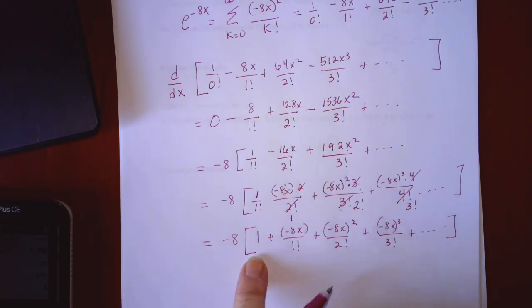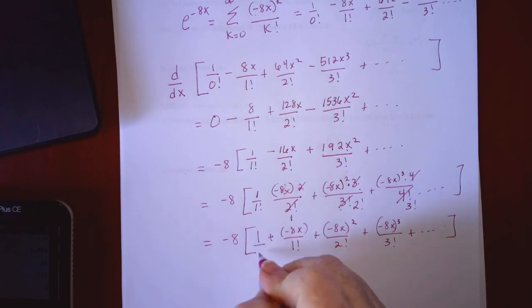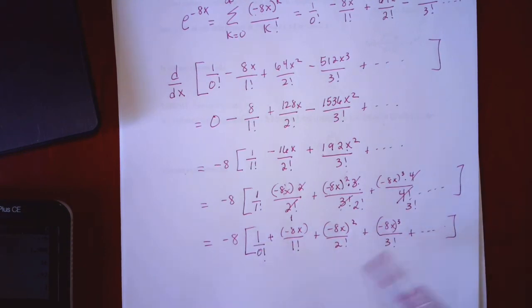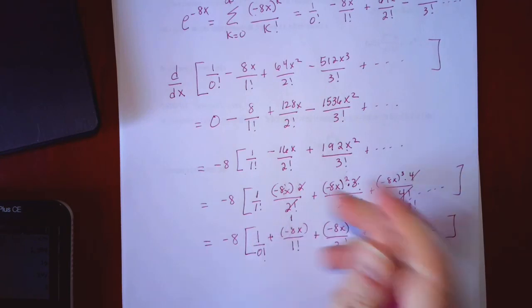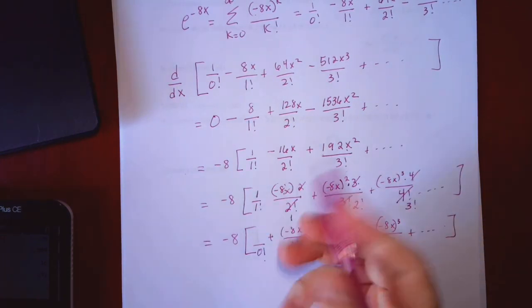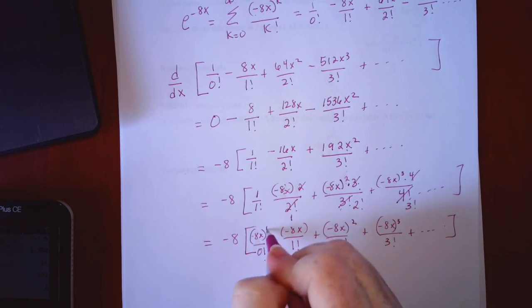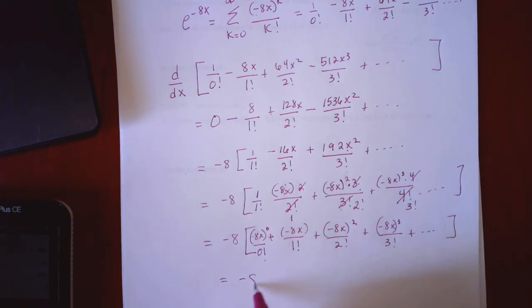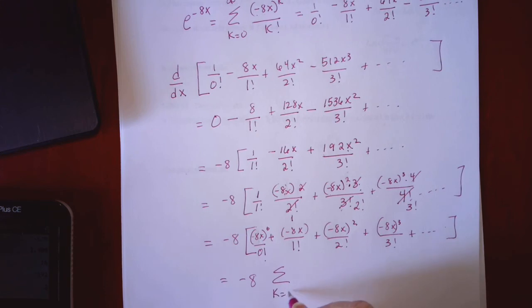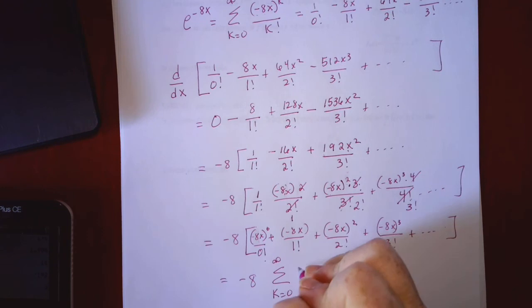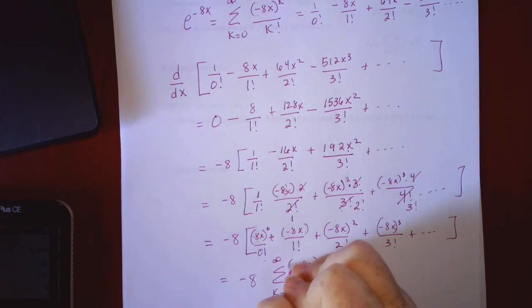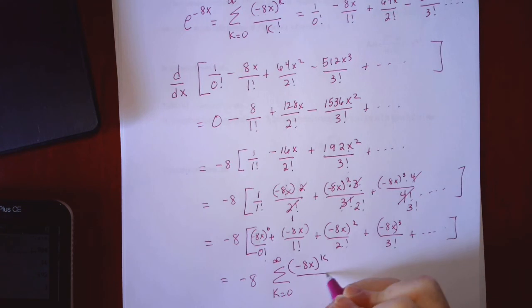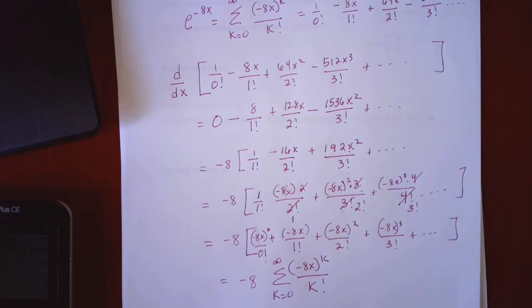Now remember, this 1, you can write it in a variety of ways. Specifically, we could write it as 1 over 0 factorial or negative 8x to the 0 over 0 factorial. And we would get negative 8 times the summation from k equals 0 to infinity of negative 8x to the k over k factorial, just in summation notation.